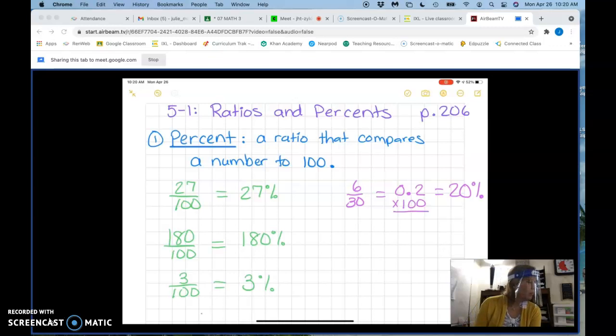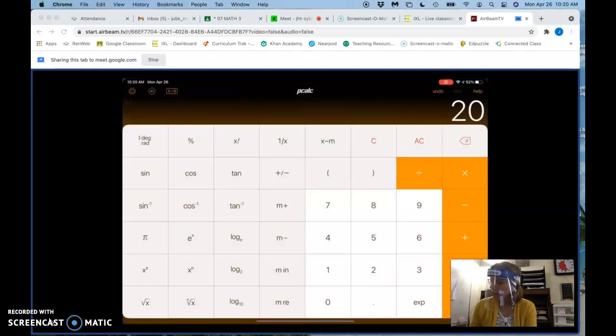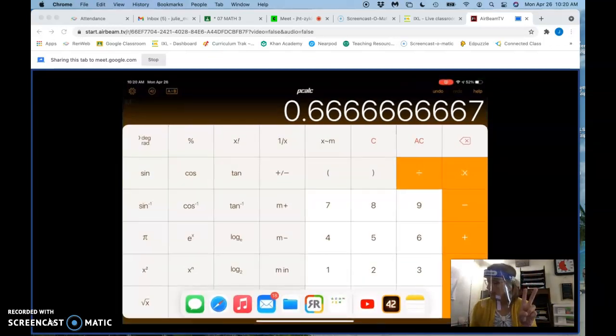Okay, let's do one more. What if I had 26 out of 39? My first step is to do what? Divide. So 26 divided by 39. Ooh, I get a repeating decimal. So I'm going to go 2 places after the decimal: 0.67.